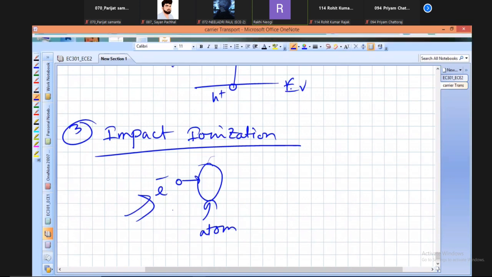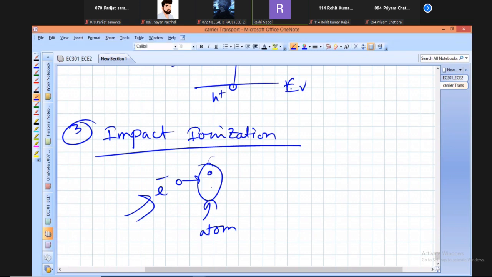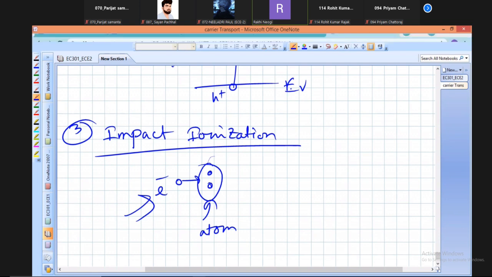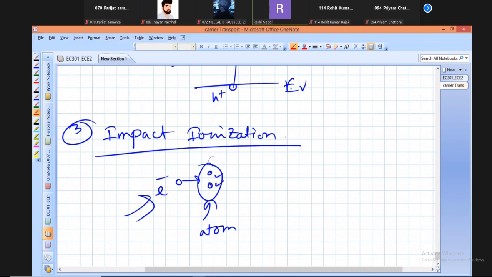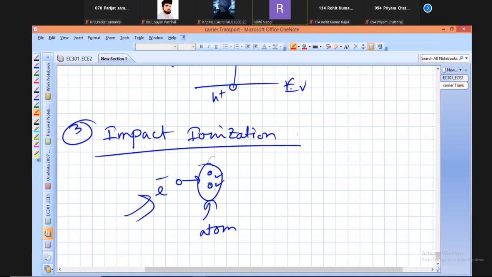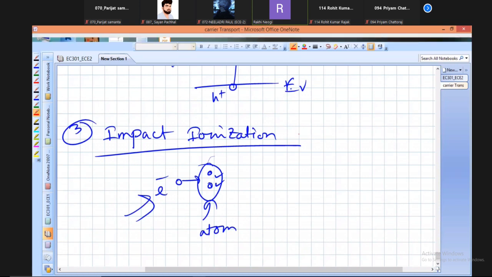Whenever the collision occurs, this electron releases its energy. In the atom, electrons are in covalent bond positions. Those electrons will absorb the energy and become excited. Whenever electrons become excited, they will break the covalent bond, absorbing energy greater than the band gap energy. What will happen?